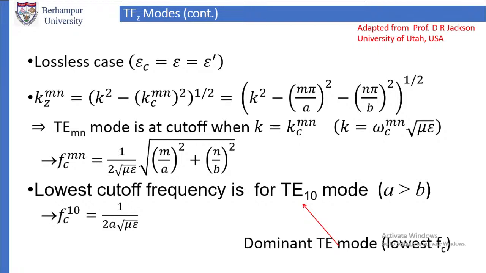So m is equal to 1, n is equal to 0 gives us the lowest cutoff frequency when a is greater than b. So fc10 is equal to 1 by 2a, because root over of (1 by a) whole square is equal to 1 by a. So that becomes 1 by 2a root over of mu epsilon for the waveguide.